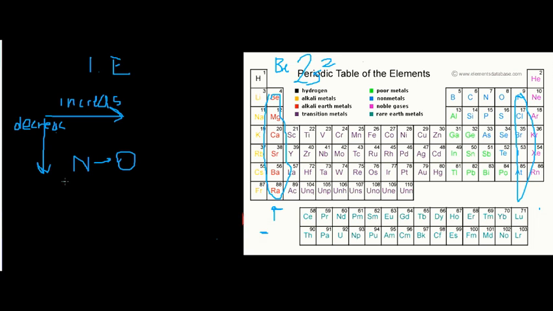Well, because let's write the electronic configuration of nitrogen. The electronic configuration of nitrogen is 1s2, 2s2 and 2p3.